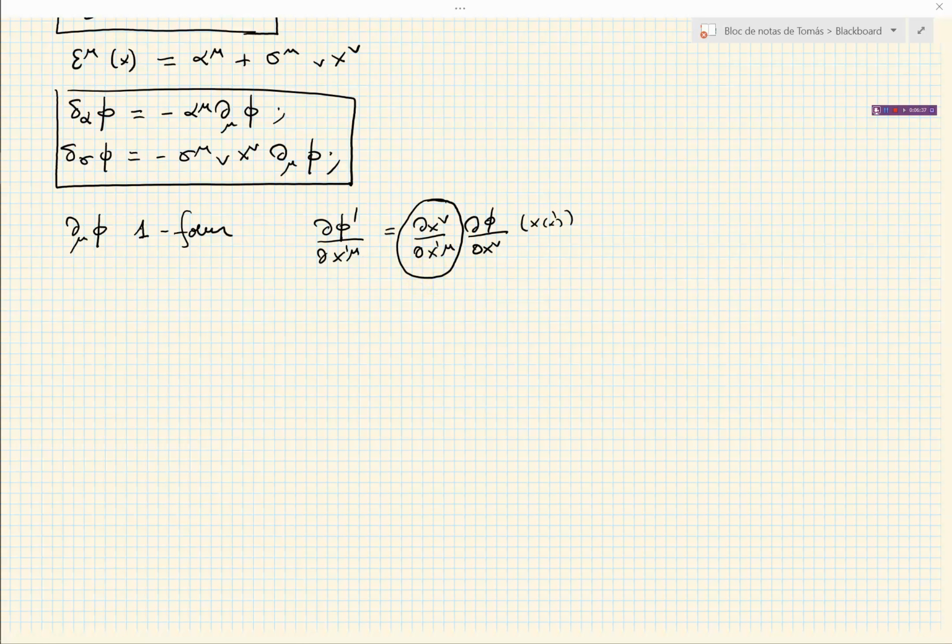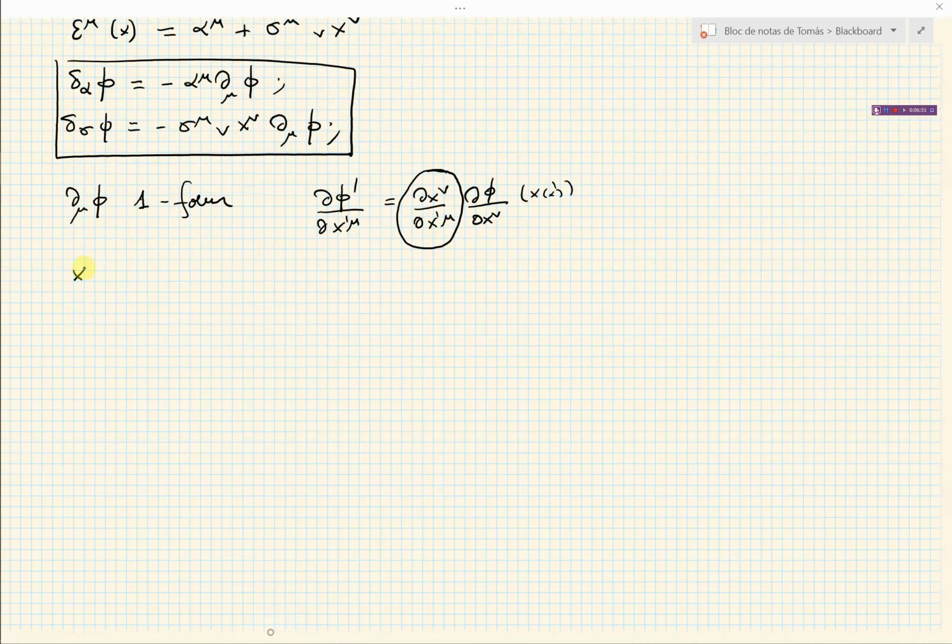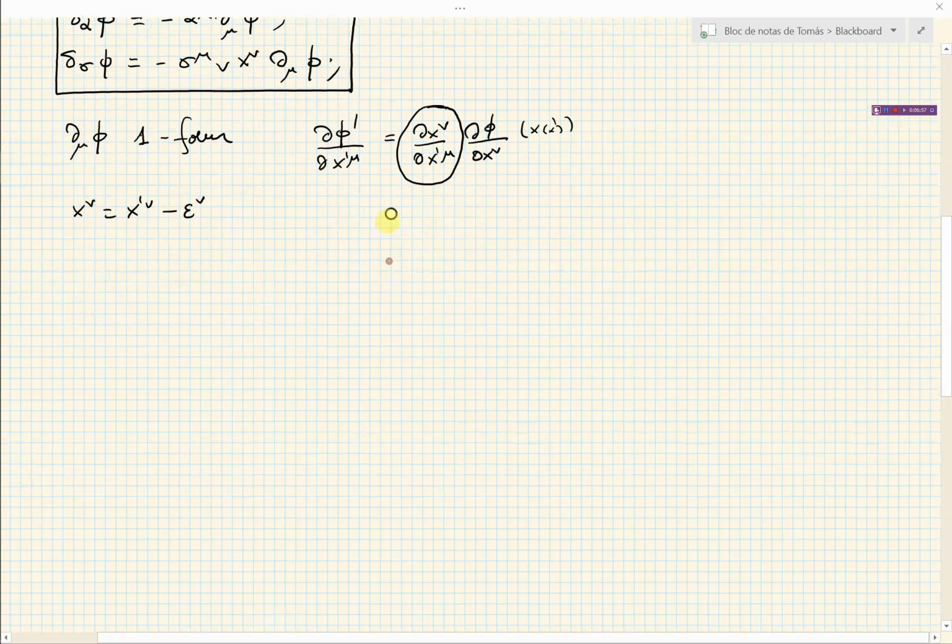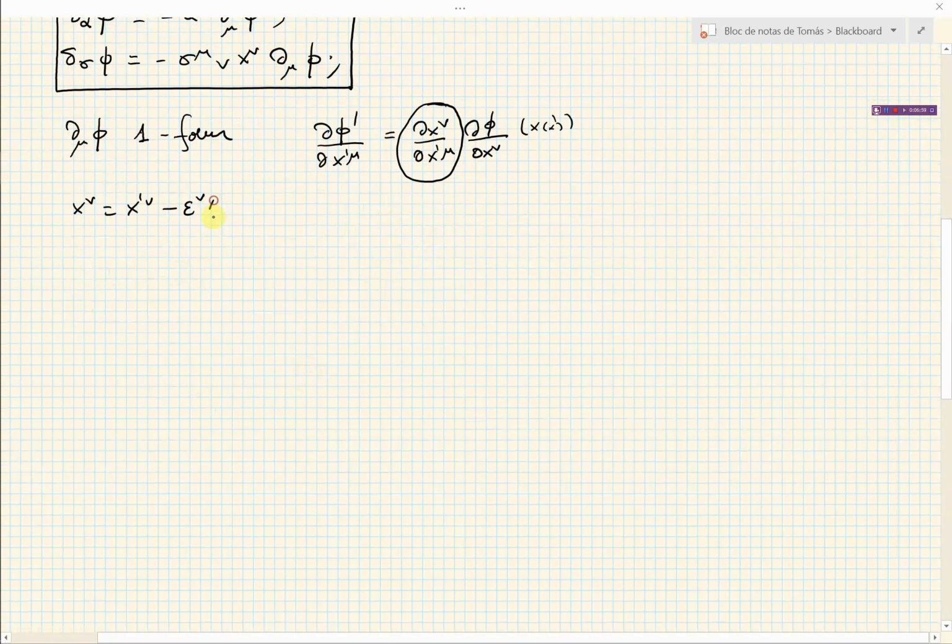So if the transformations are such that x'^μ is equal to x^μ plus ε^μ, we have to express now x^ν as x'^ν minus ε^ν of x'. We can write x' instead of x because again the difference between using x and x' will be of order ε.